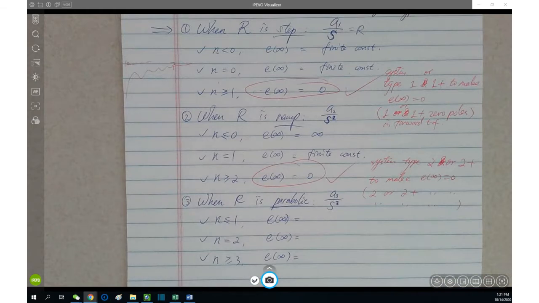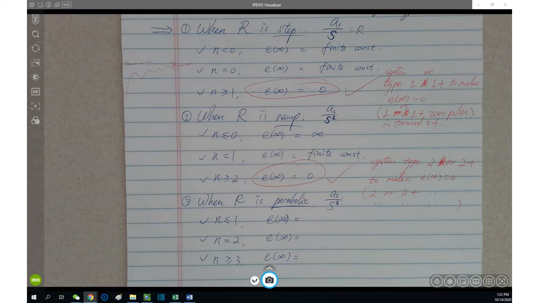The higher the system type, the lower the possible steady state error, right? Of course, we are not specifying the input. That's why I'm saying possible. But to exactly the same input, we can safely say the higher the system type, the smaller the steady state error. Does it make sense?